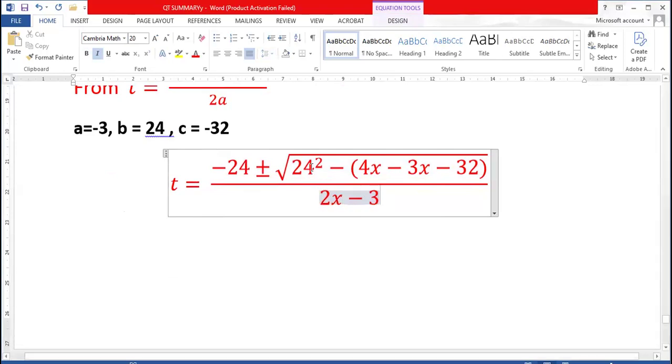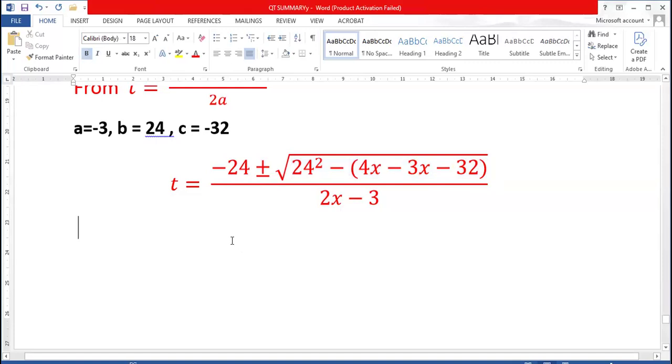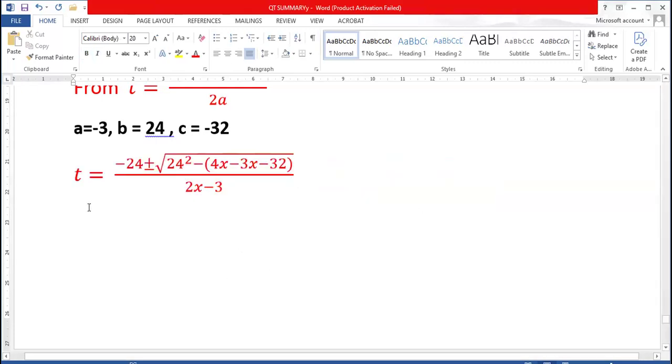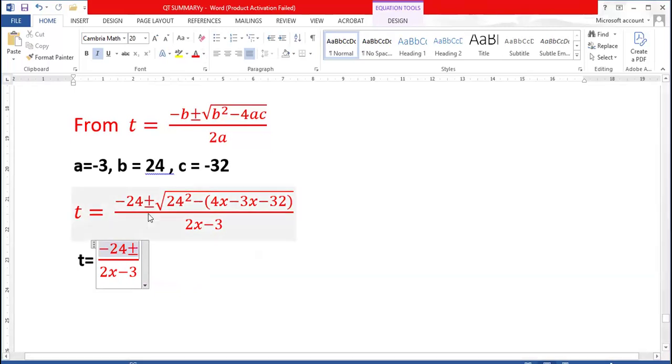So put 24 squared minus open bracket 4 times negative 3 times negative 32 close bracket, equals. When your answer is still there, press square root, then press the answer button, then equals. Just tell me, what do you have after taking the square root?